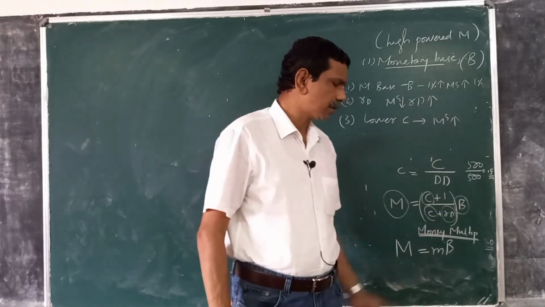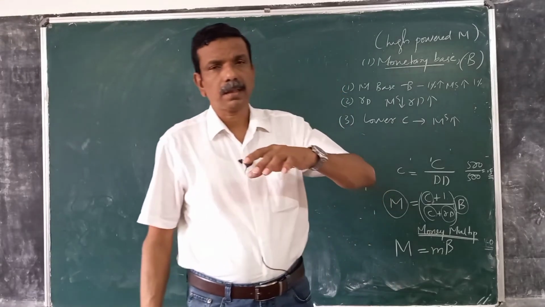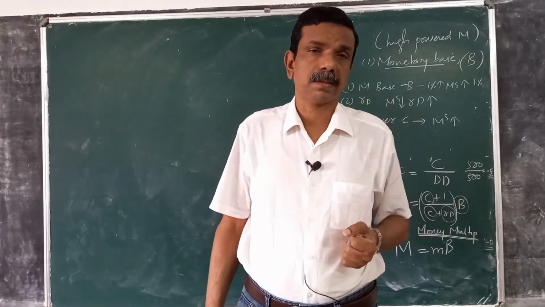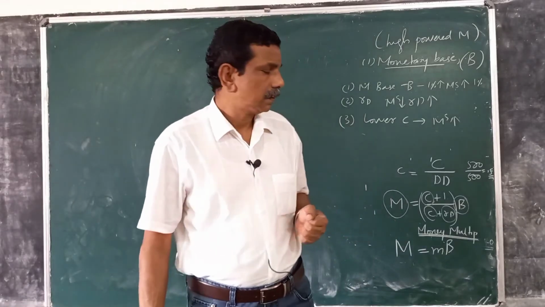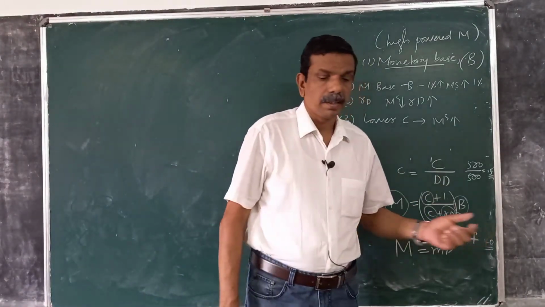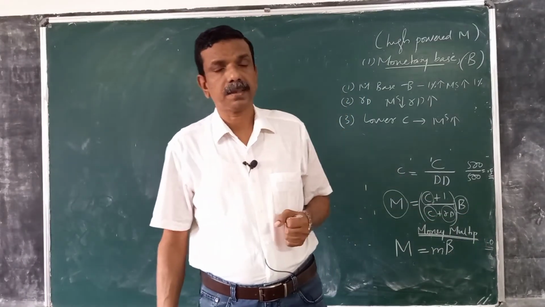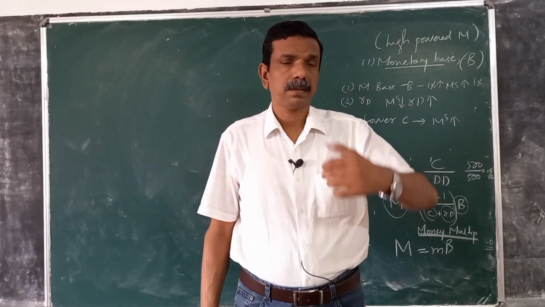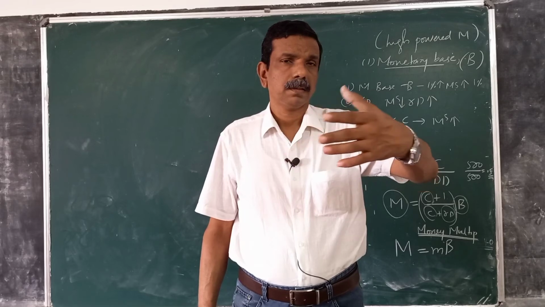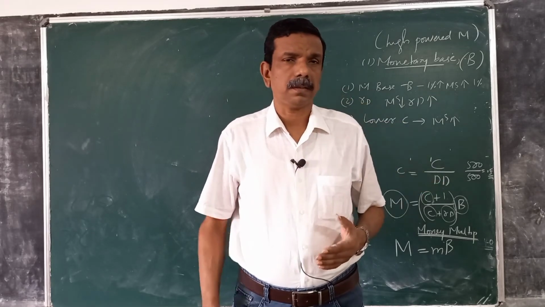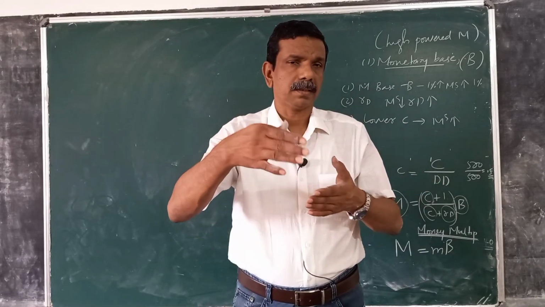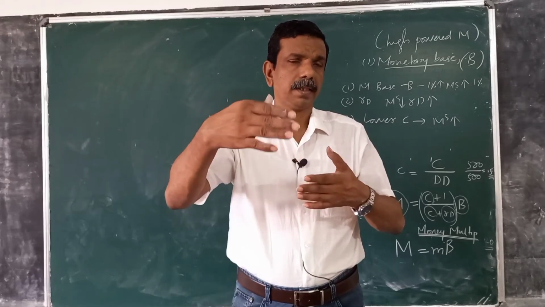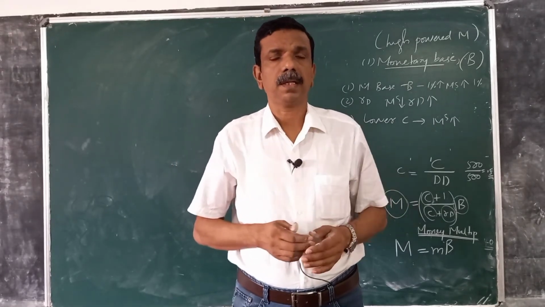And as is known to you, the central bank has various instruments available to alter this, like open market operations, reserve requirements, and discount rate. These are all methods of credit control which you might have studied or will study later in the context of macroeconomics.